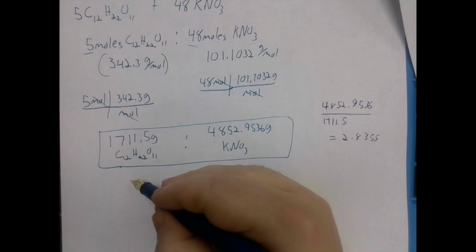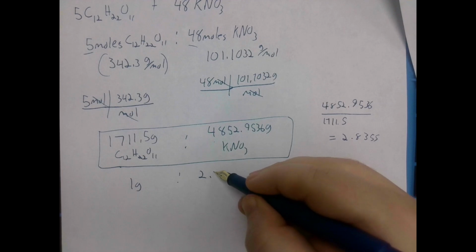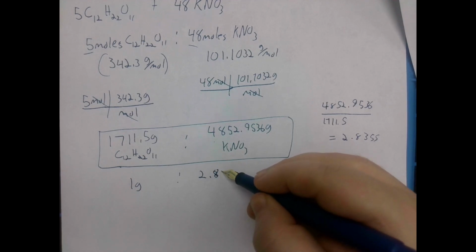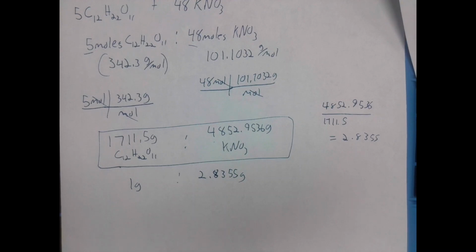So that means we could do 1 gram of this for every 2.8355 grams of this. So the ratio is 1 to about 3. If you look up, this is not the ratio you should use. Does anyone want to take a guess of why this is? Theoretically, this is the ratio you should use.